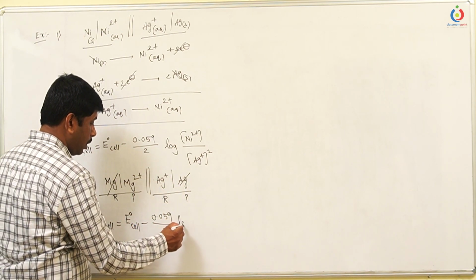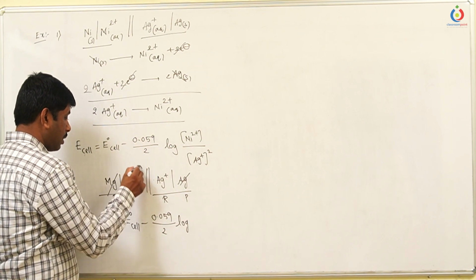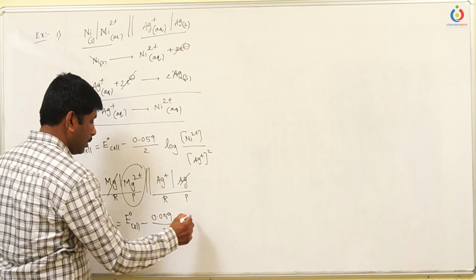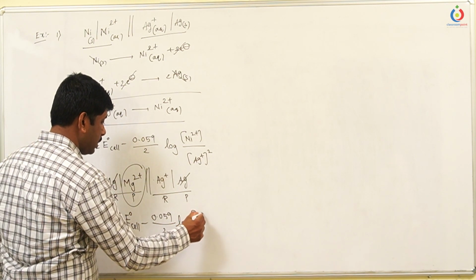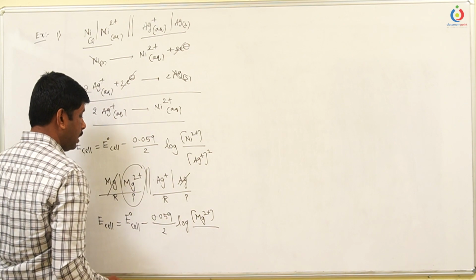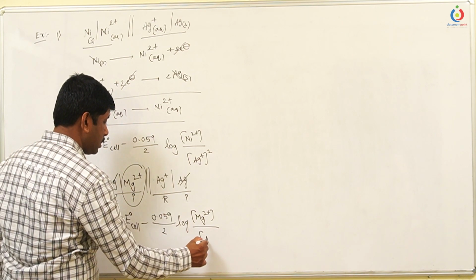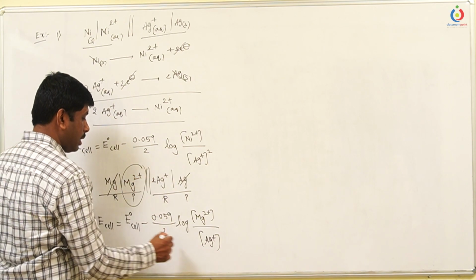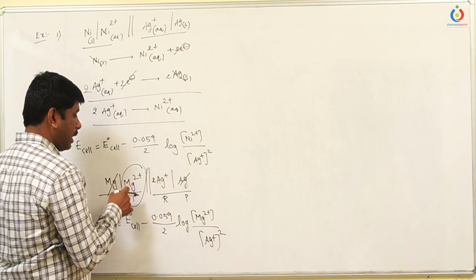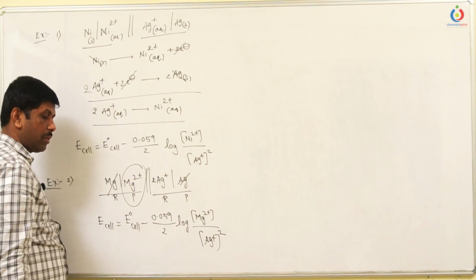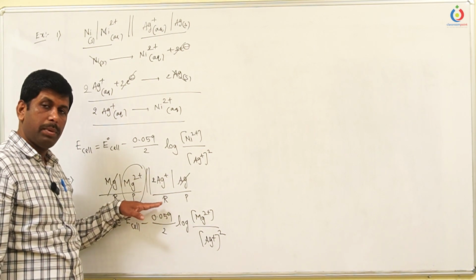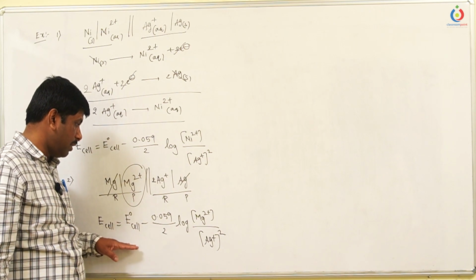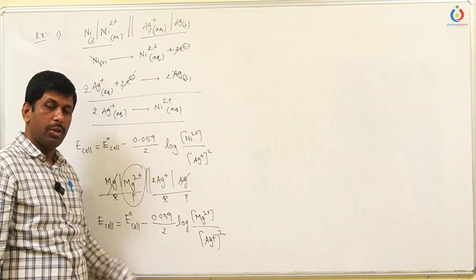So 2, log concentration of product. What is the product here among the remaining ions? This is the product, so concentration of Mg2+ by, which is the reactant, concentration of Ag+. But this has to be multiplied with 2, no? So then automatically we get the square. While writing the cell representation, we don't write the stoichiometric coefficients, but while writing the Nernst equation, we take the stoichiometric coefficients.